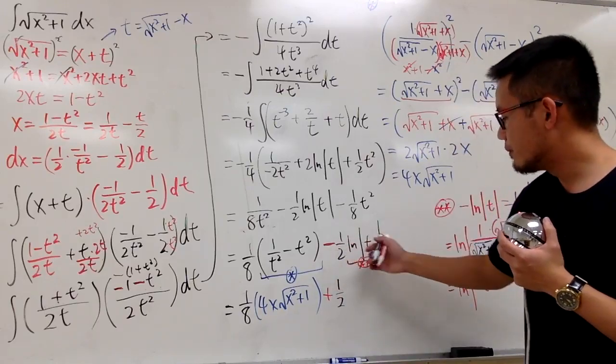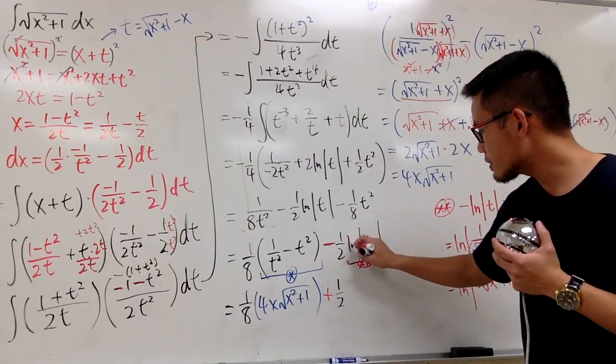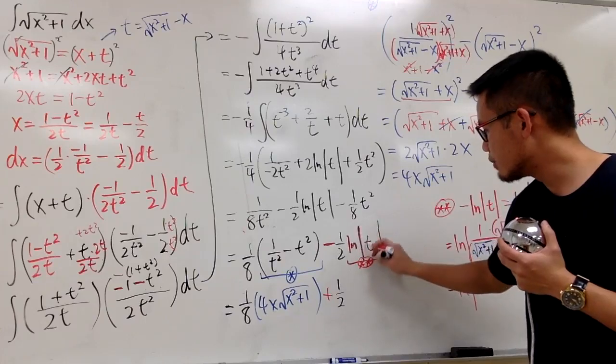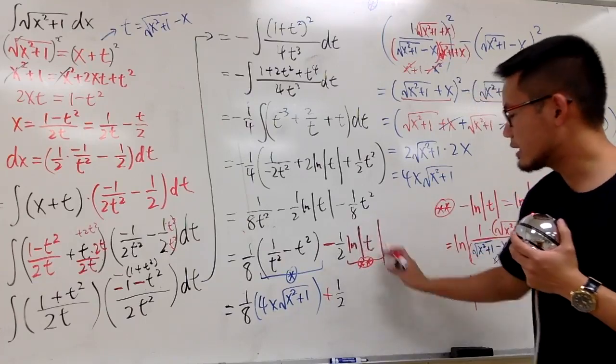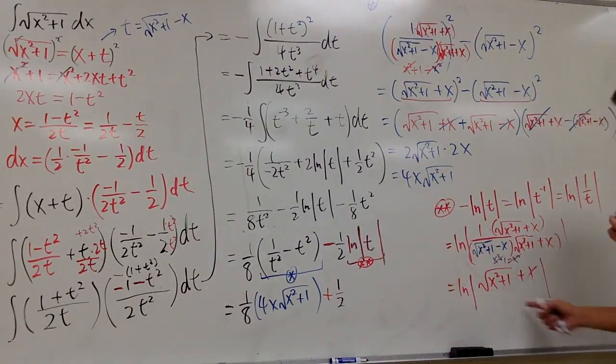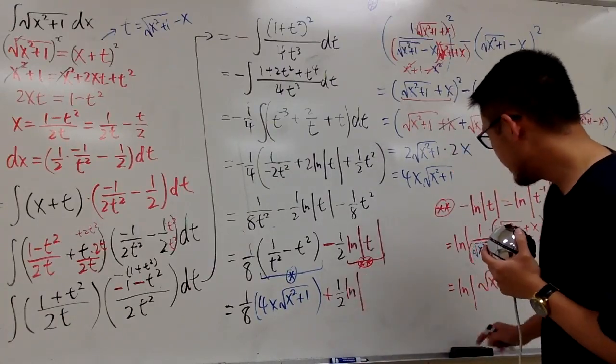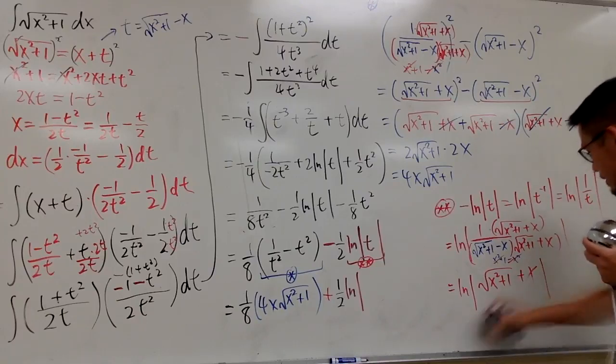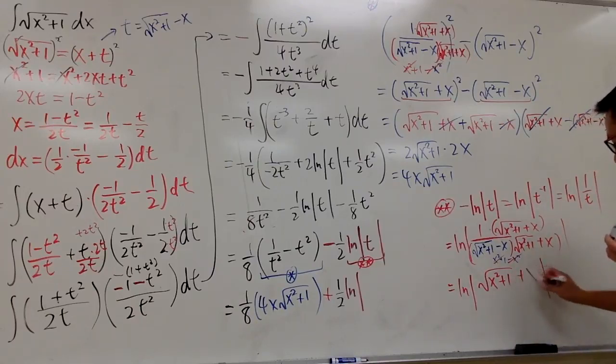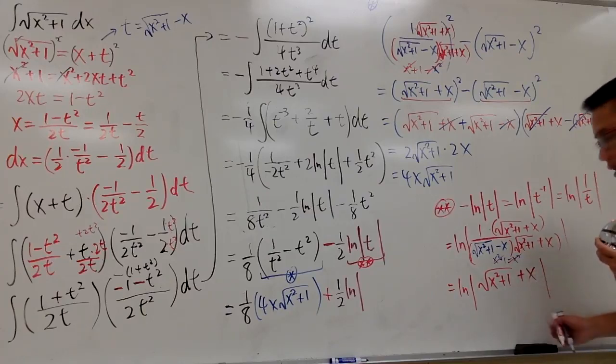And negative ln absolute value of t in this case is this, which is ln absolute value, and you know the inside, this is square root of x squared plus 1 plus x, right? Like this.